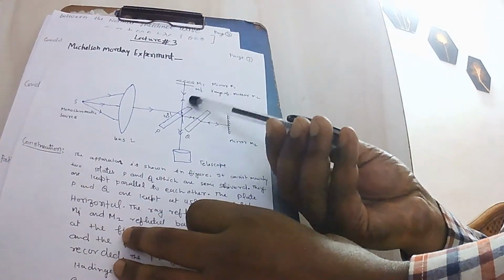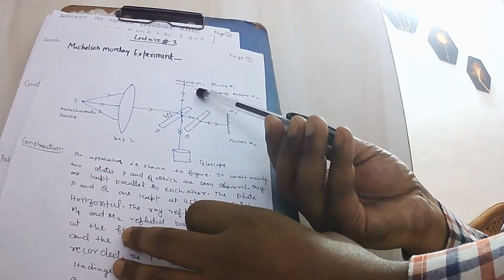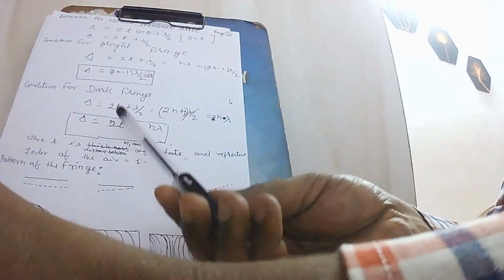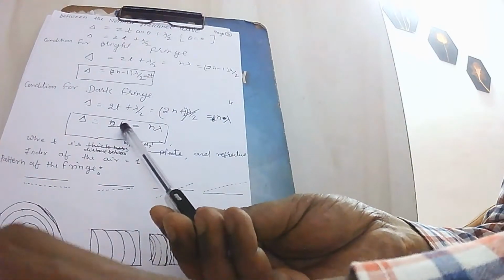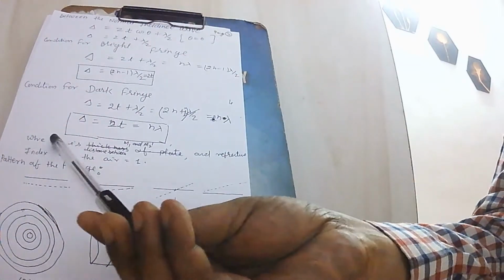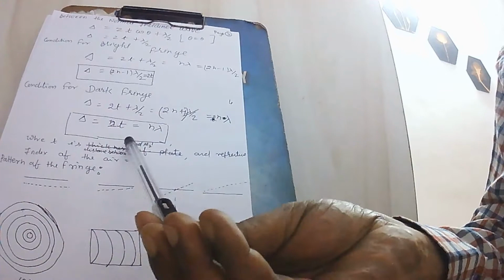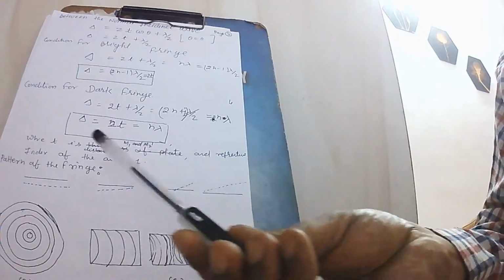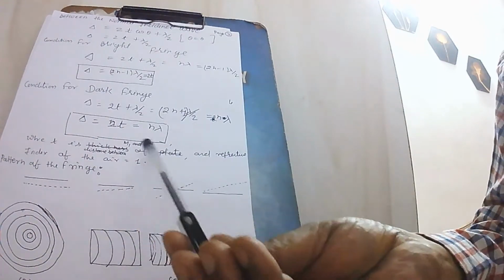This is the actual distance between M1 and M2 prime. So you can vary this T1 and T2, and corresponding fringes are obtained. T is the thickness between the mirrors M1 and M2 prime, and the refractive index of the air is 1.